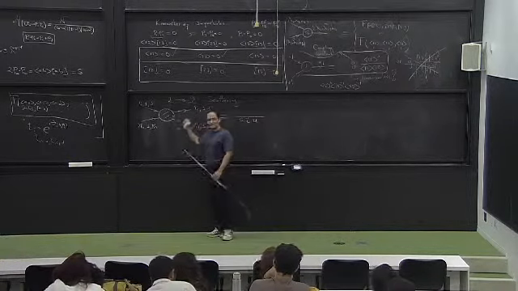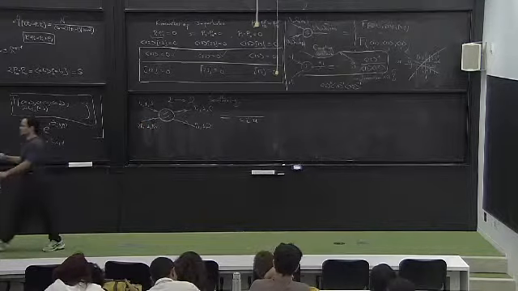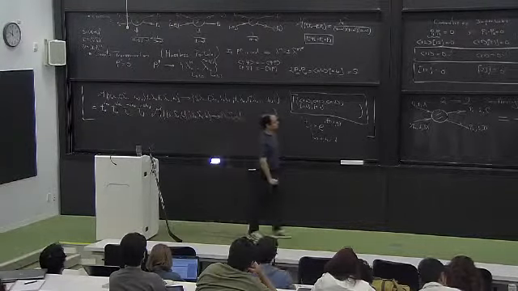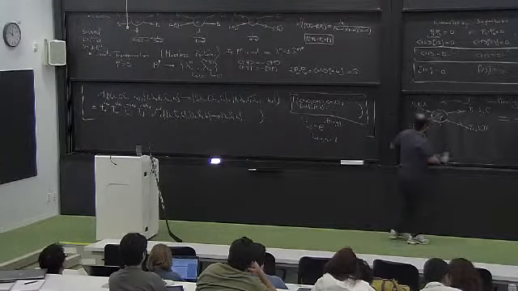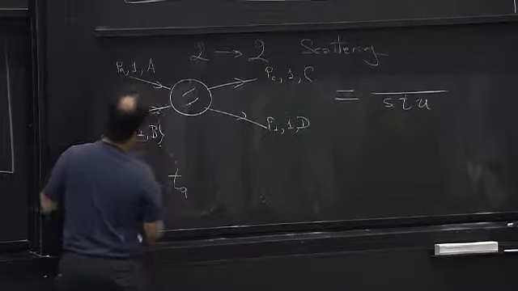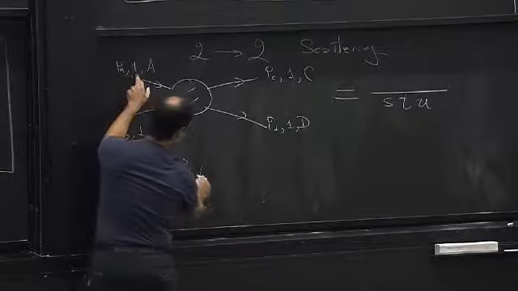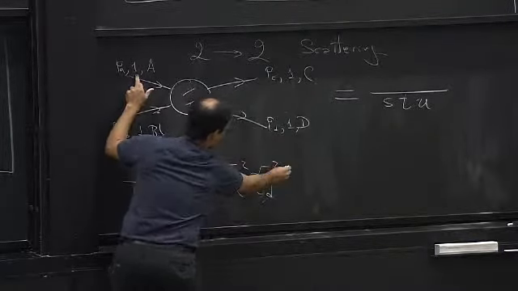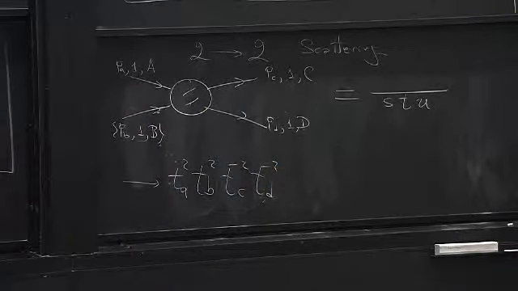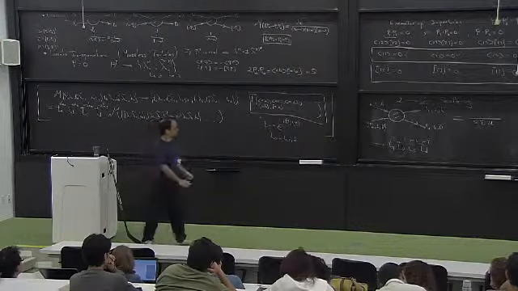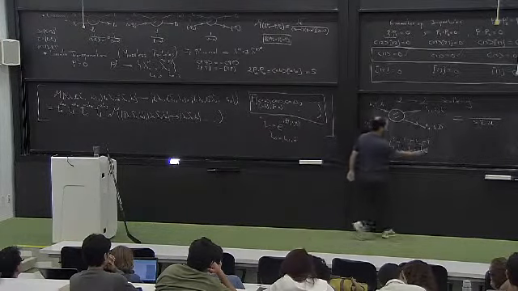We need this thing to scale properly under rescalings. So what is it supposed to do? It's supposed to scale as t_A squared, t_B squared, t_C to the minus 2, and t_D to the minus 2. Do you agree? If you look at the helicities, that's what it's supposed to do, times itself.